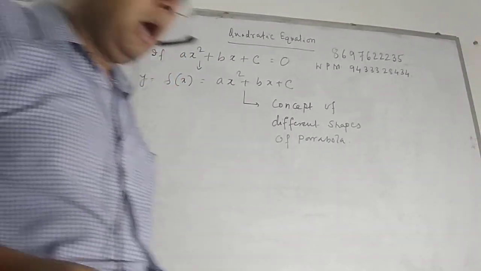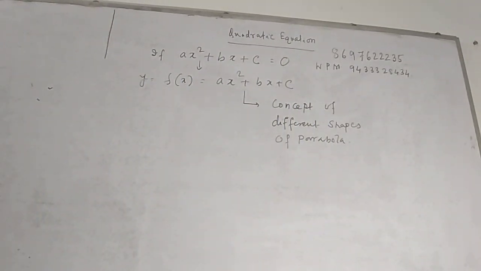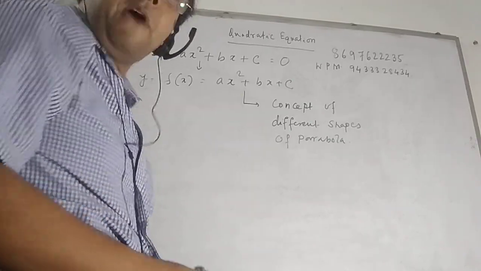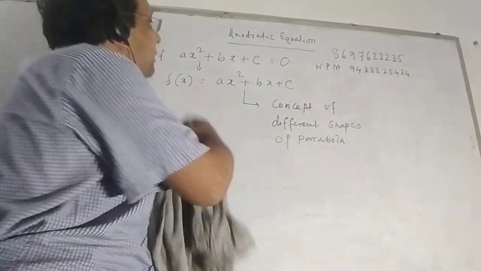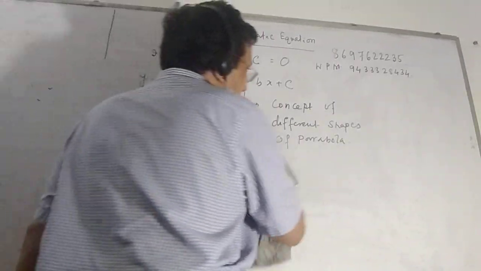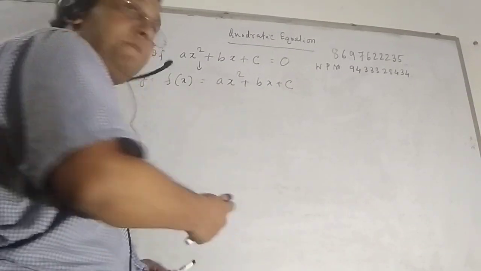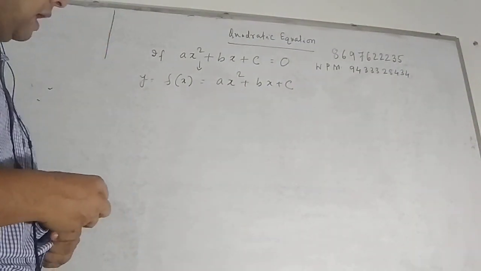Now, once we understand that this is the quadratic function, our next question is: what is the shape of this type of parabola? See, I am drawing a diagram.